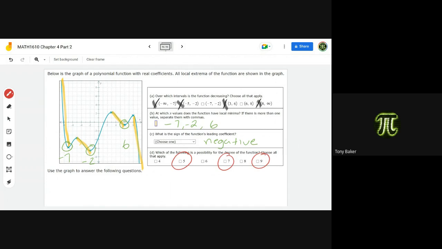There's another piece of information we can use: the number of turns helps you figure that out. In this case, I've got 1, 2, 3, 4, 5. I got 6 turns. One more than the number of turns is the lowest degree it could possibly be. So in this case, my degree could be a 7 or a 9.